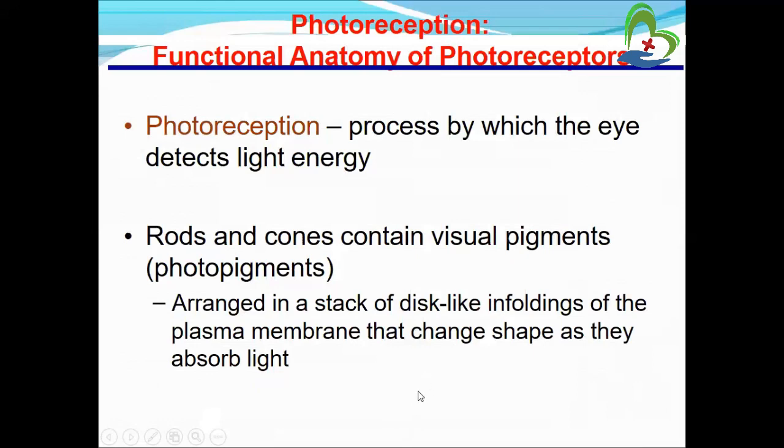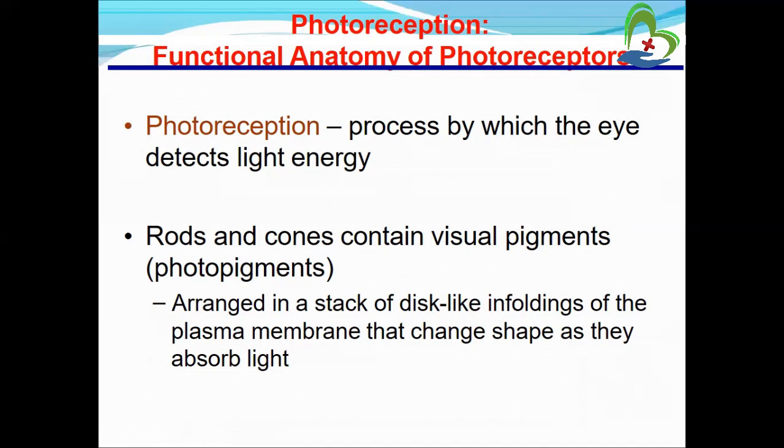Then photoreception, which means the functional anatomy of the photoreceptors. What is photoreception? The process by which the eye detects light energy. When any light enters our body, the eye detects the light energy, which is known as photoreception.